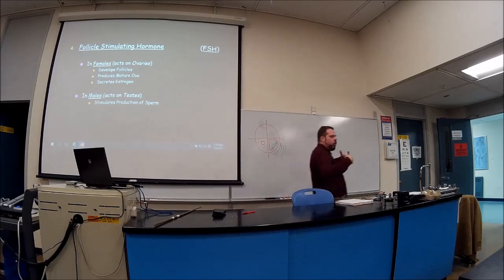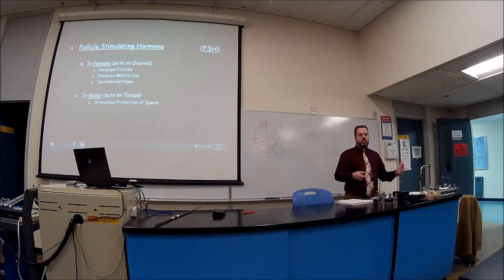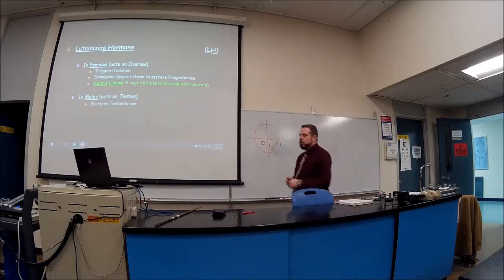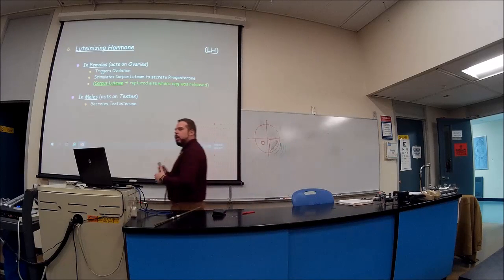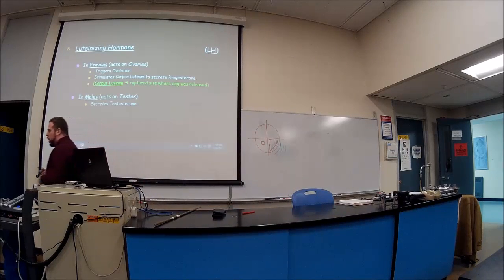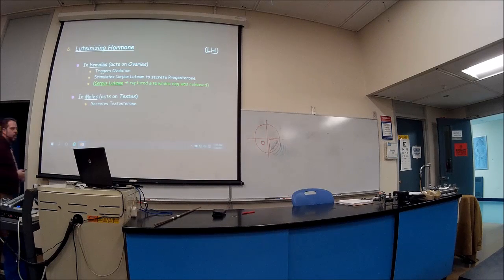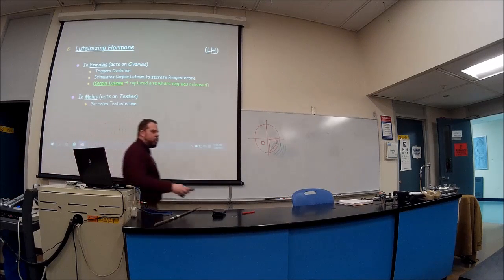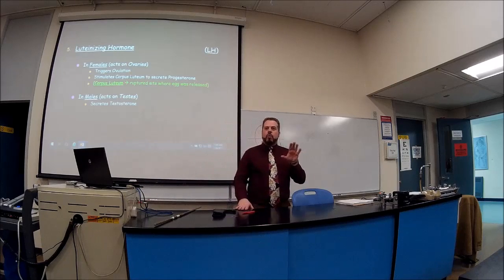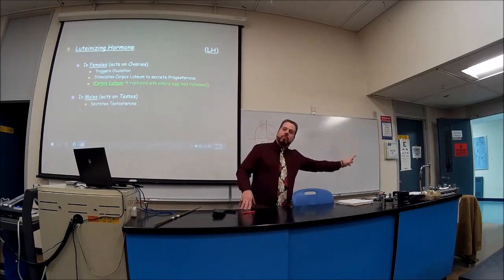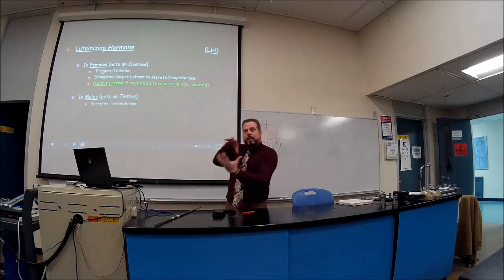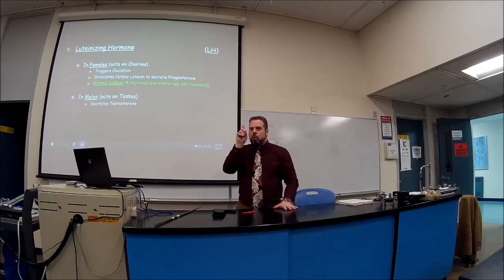The sister hormone to FSH is LH, also dealing with reproductive systems. In females, this is going to trigger ovulation, and once that egg pops out of the ovary, that's ovulation. The area that it just came out of the ovary is an important area.